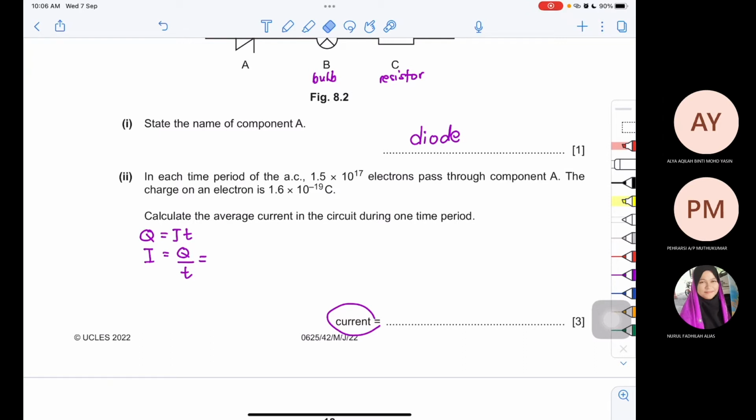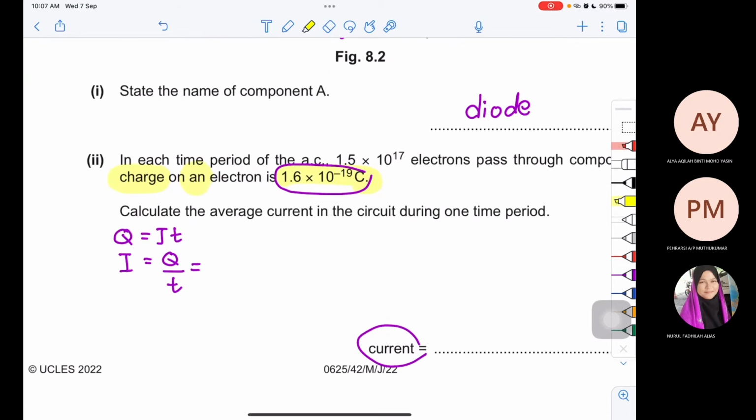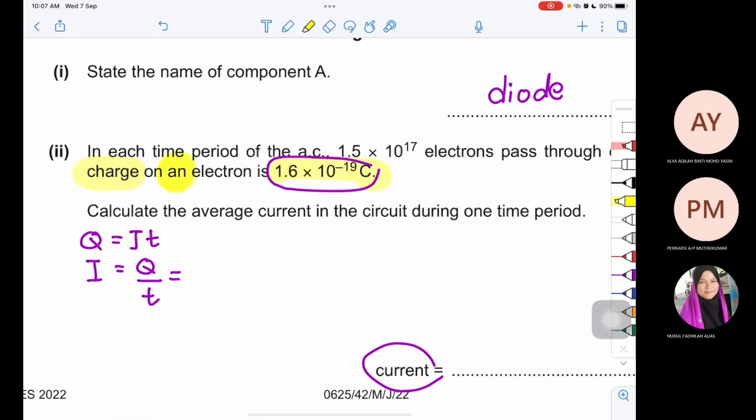Okay, kita ada charge. Dia bukan ada 1.6 saja. Charge ni, okay, 1.6 ni adalah apa dia kata? You baca, you have to read carefully the question. This one is the charge. Charge for who? For an electron. But how many electrons do we have here now?